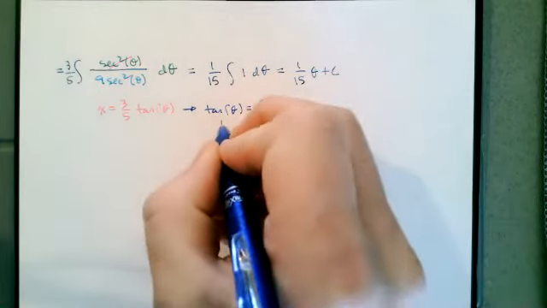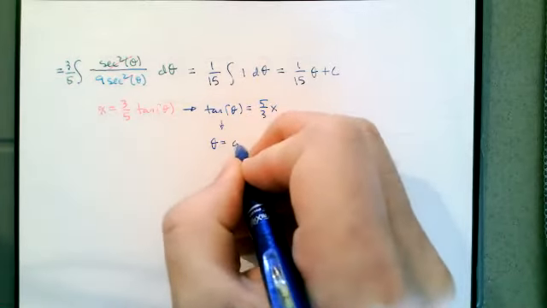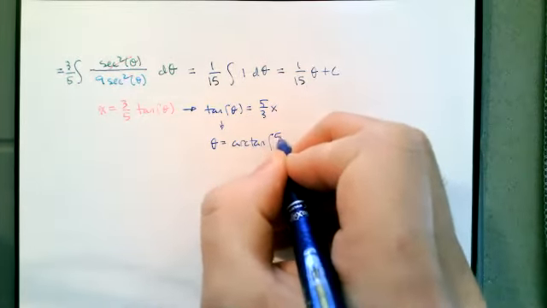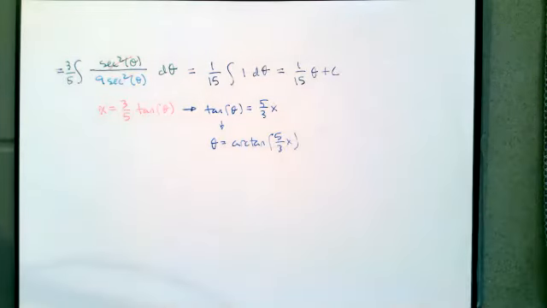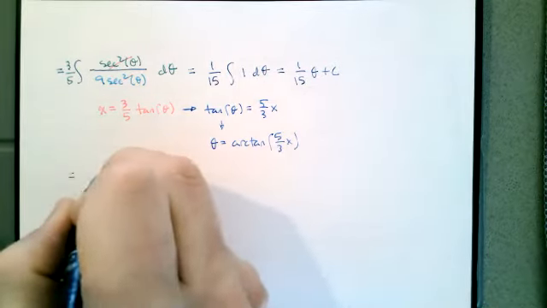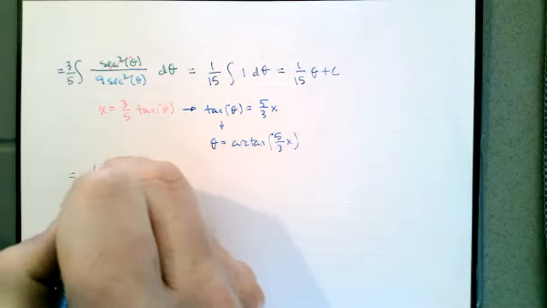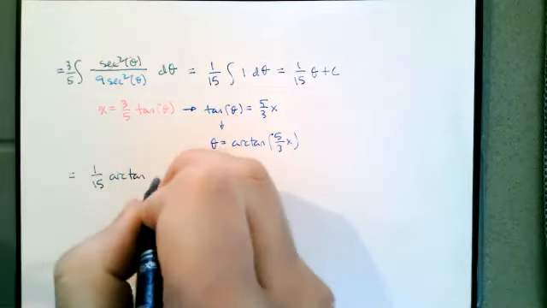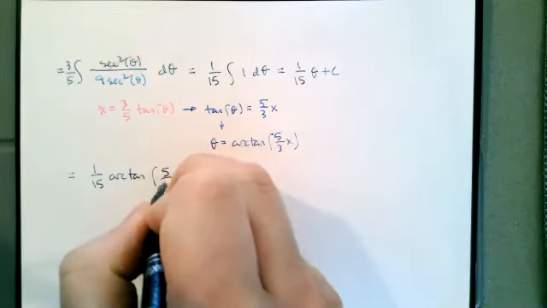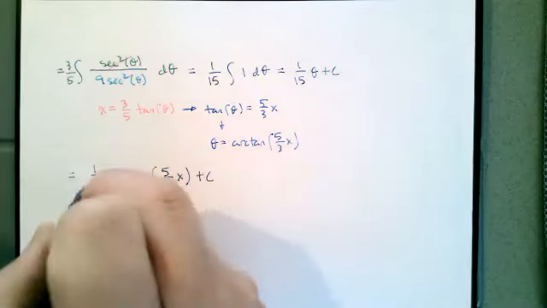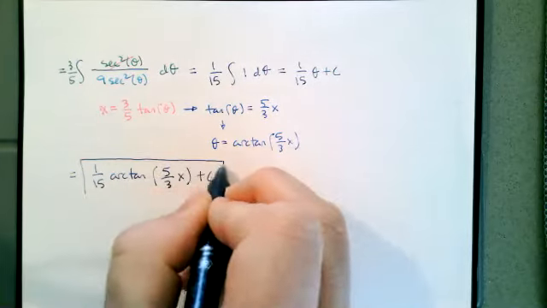And so theta is arctangent 5/3 x. So the integral is 1/15 theta, and theta is arctangent of 5/3 x. And there's our antiderivative back in x.